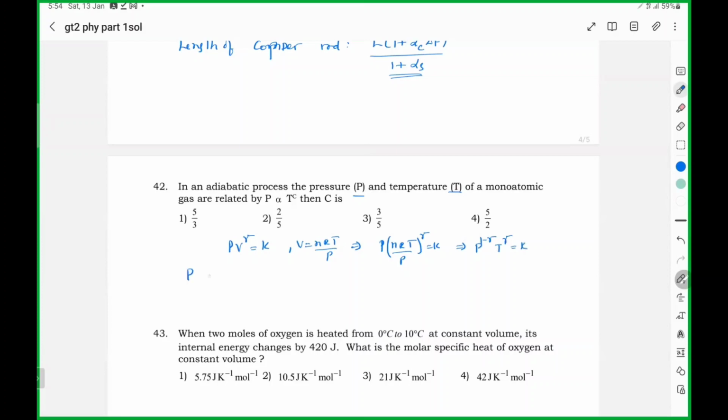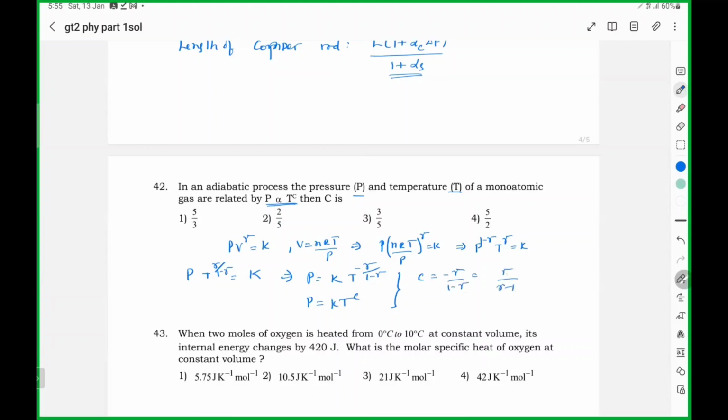That is, P T to the power gamma by 1 minus gamma is some constant. So here P will be some constant times T to the power minus gamma by 1 minus gamma. He has given it as P is proportional to T to the power C. That means C will be minus gamma by 1 minus gamma.